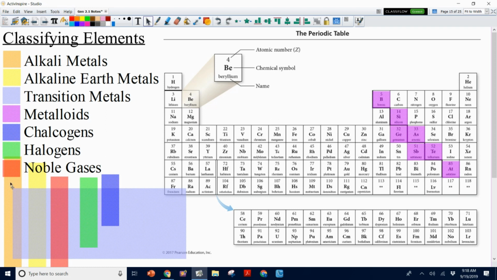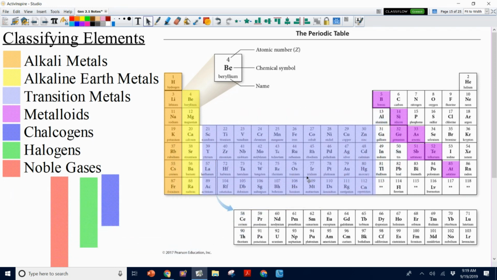And then we have our alkali metals here. This is group 1. Group 2, the alkaline earth metals. Then we have our transition metals, this big group that's kind of bumped down here in the center. Our noble gases are on this far edge here.